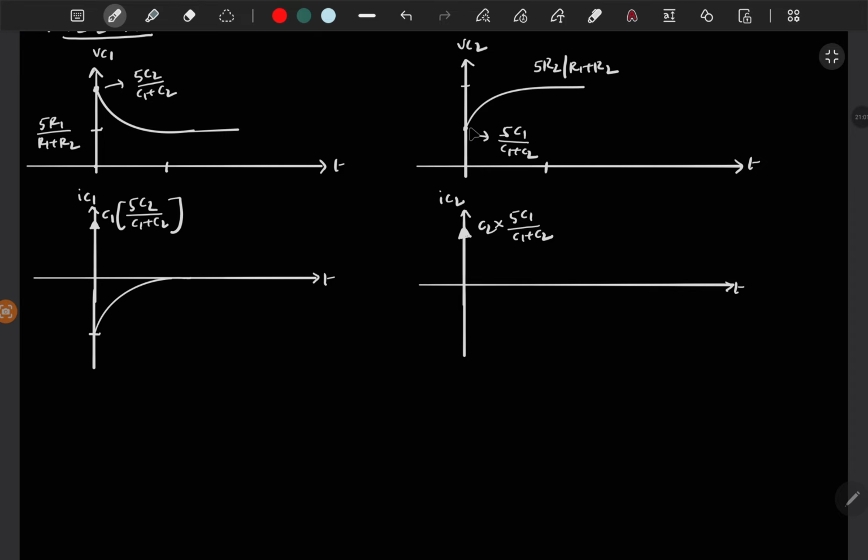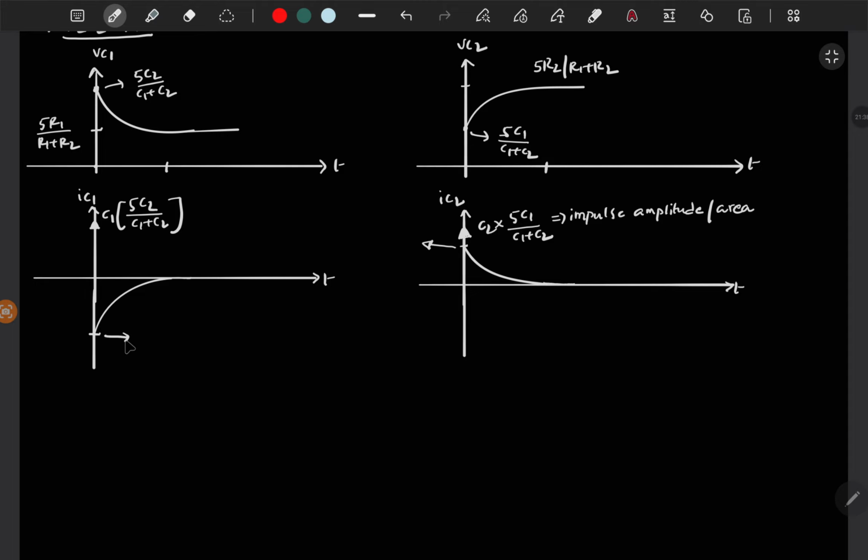But eventually, since the steady state value is some constant, IC2 should go to 0 from some initial value. So this is the impulse amplitude or area. This represents the area.